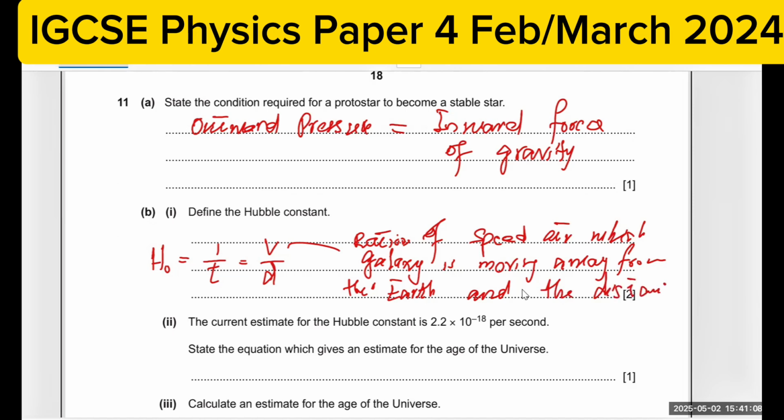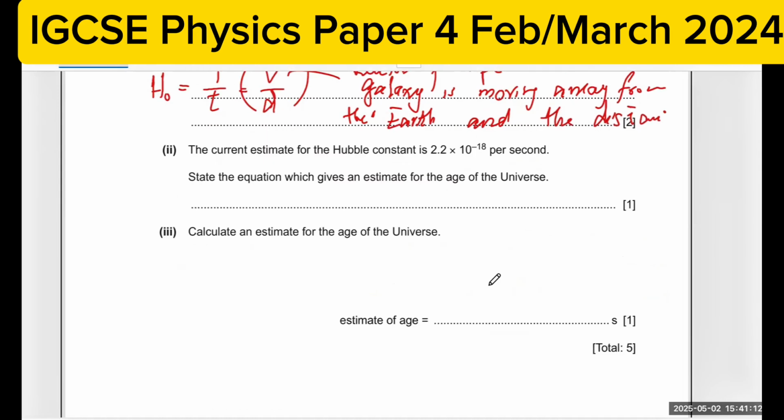By using this equation, you can define the Hubble constant. The current estimate for the Hubble constant is given.